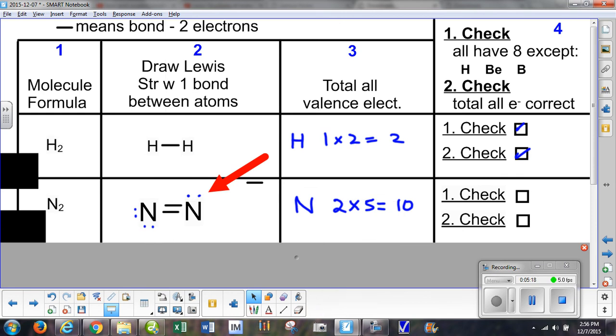All right, now we got them in the bonding. So, do I still have 10? Let's count them. 2, 4, 6, 8, 10. 10 is the total. Now, how many electrons does Mr. Nitrogen on the left have? 2, 4, 6, 8.